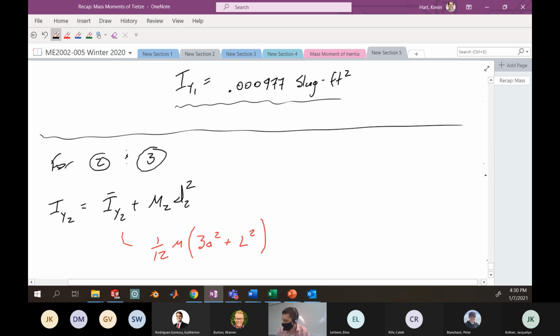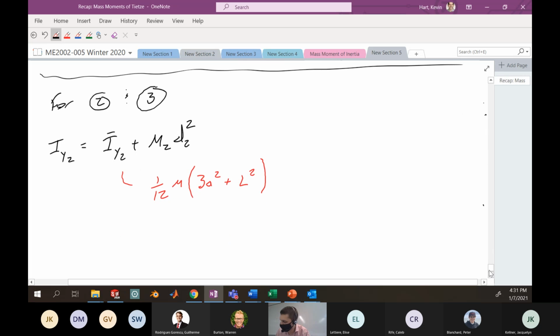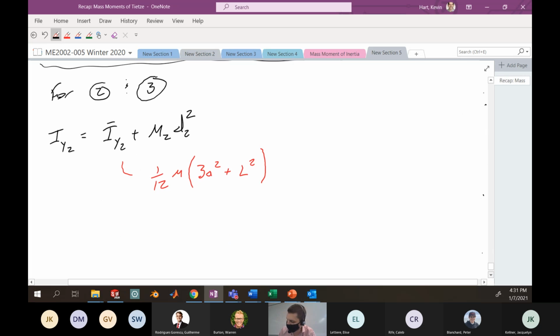Now, before we go through this, we obviously need to do our mass calculation again. So let's do our mass calculation of object number 2. This is going to require the volume of number 2, which here is pi times the radius of object 2 squared multiplied by the length of this particular cylinder. I'll work in feet again because my gravitational constant typically uses feet as a conversion when I'm working in English.